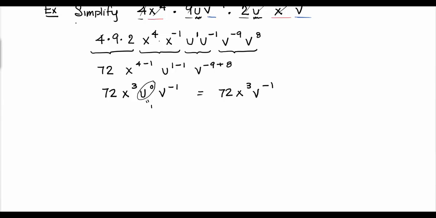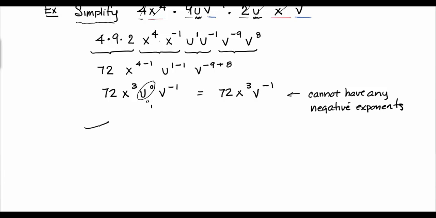Now the problem is that we said to simplify. And one of the rules of simplification is that we cannot have any negative exponents in our expression. So we know how to do that. We know how to rearrange it.